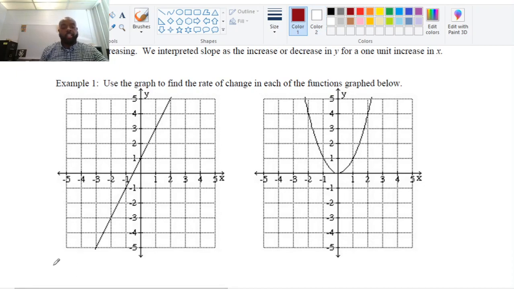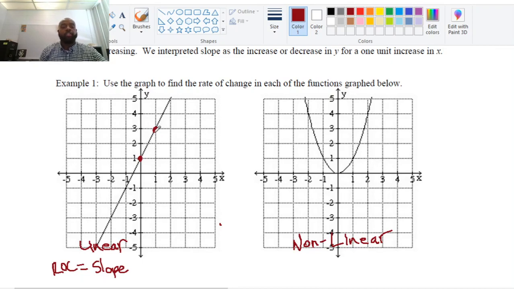Remember, your rate of change, which I'm going to abbreviate as ROC, equals your slope because this is linear. Basically, we calculate rise over run. One thing we could do is select 2 points and do rise over run. I arbitrarily pick these 2 points.